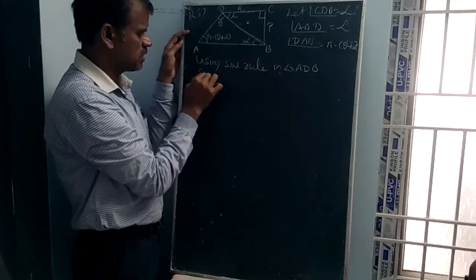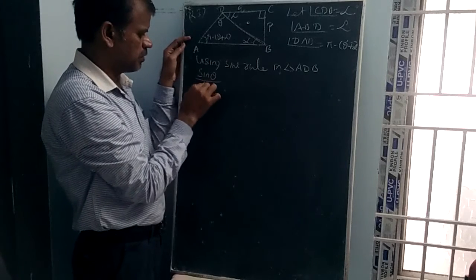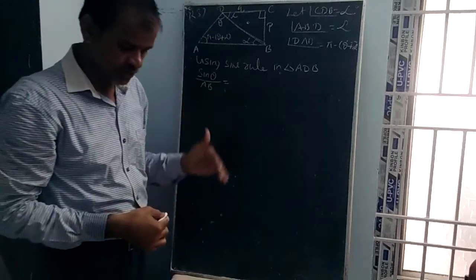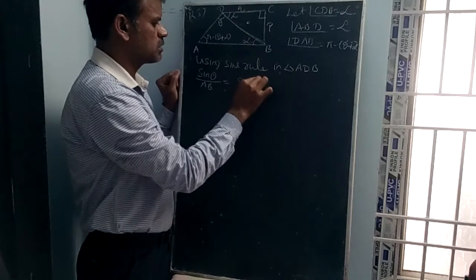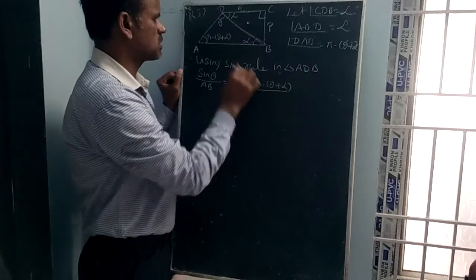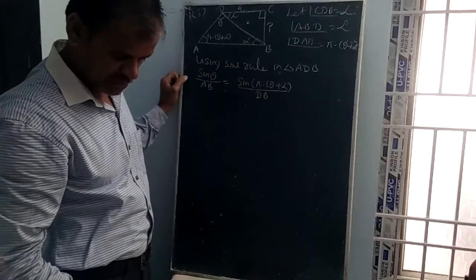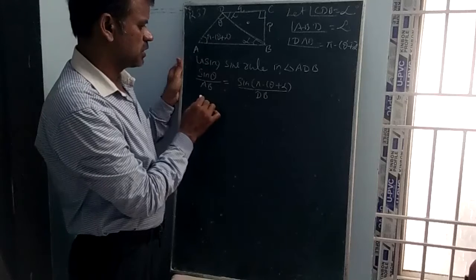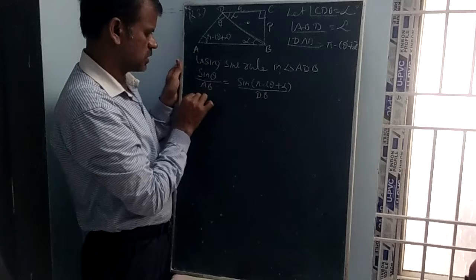Now you write sine theta by AB, because each angle is opposite to its side, is equal to sine of pi minus of (theta plus alpha) by DB. Every option is given in terms of theta, not DB, so we should calculate the value of DB.